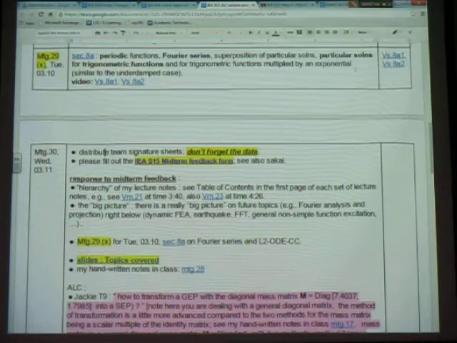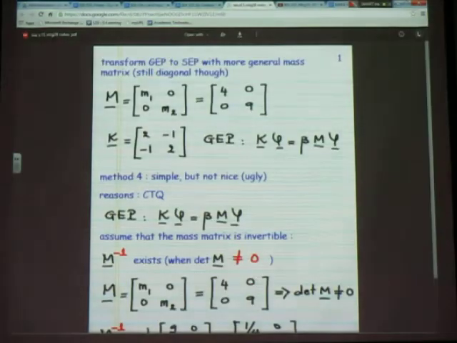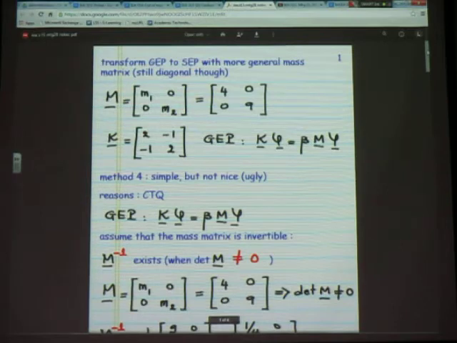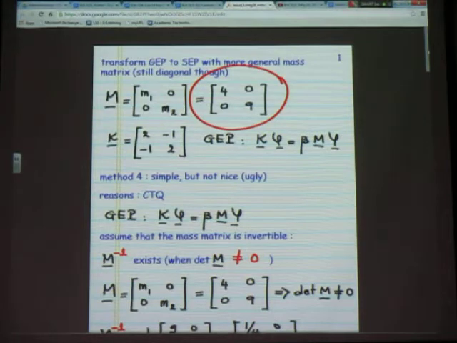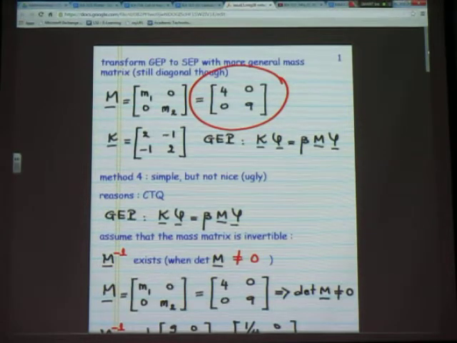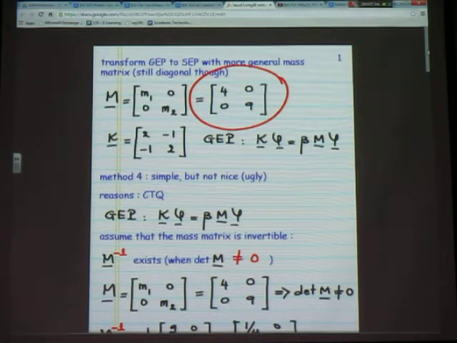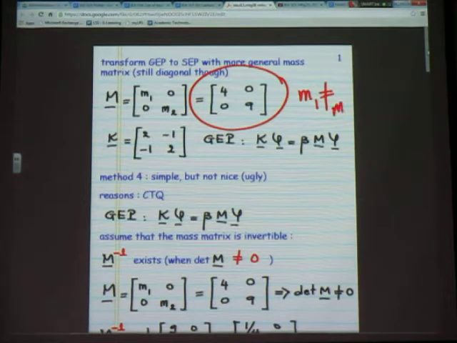Now I'd like to bring up my handwritten notes from last time, meeting 28, just to wrap up this excellent question by Jackie: how do you transform the generalized eigenvalue problem to a standard eigenvalue problem when you have mass m1 different from mass m2?